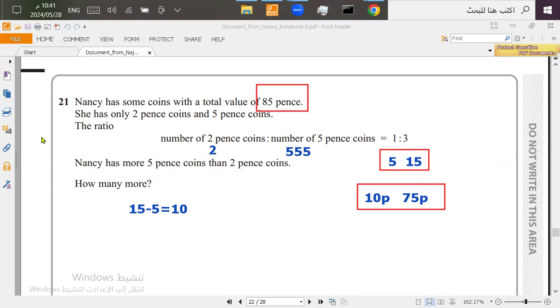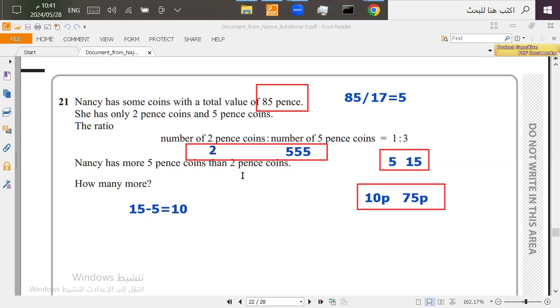So when you add the pence together, these will be 17. Now I have to get 85 pence, not 17. So I'm going to divide 85 by 17, and the answer is 5. So I need 5 times of these. 5 times makes this 5 and makes this 15.